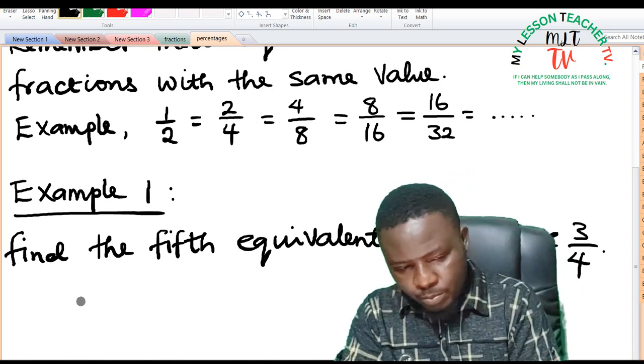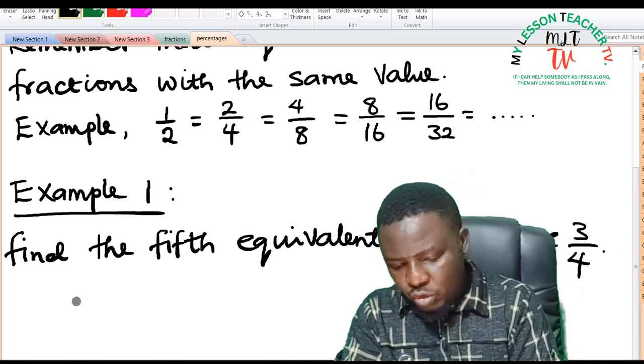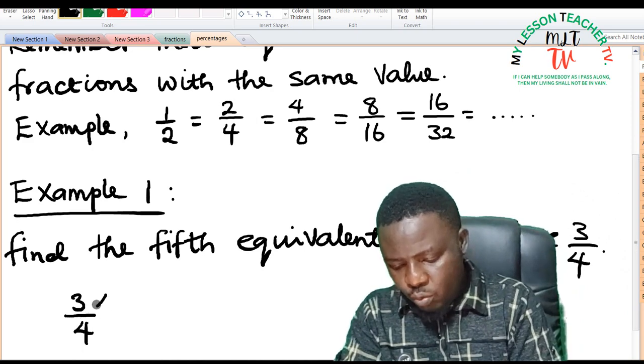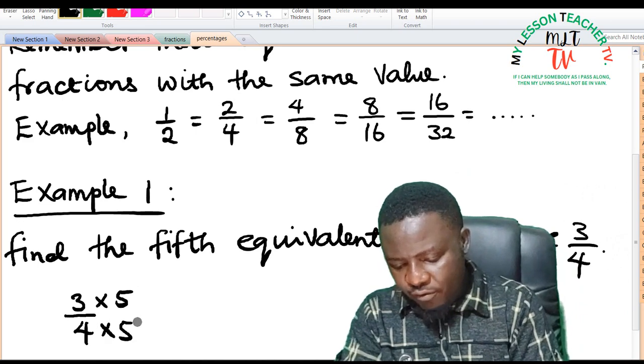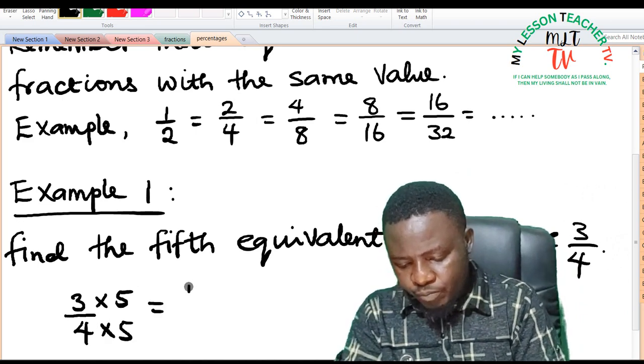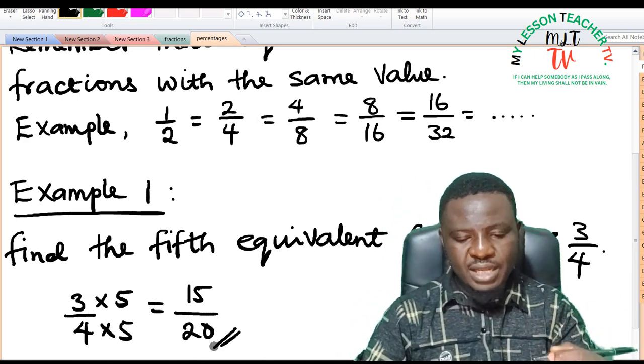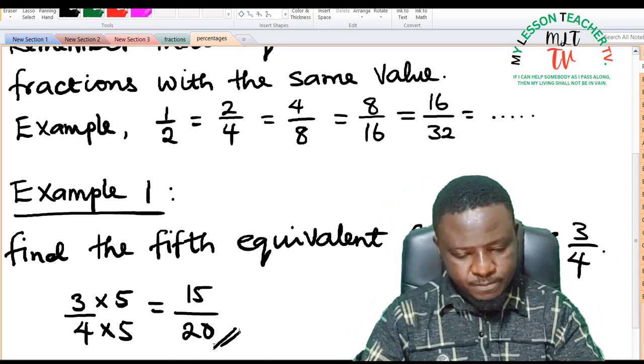So when you multiply 3 by 5 as well as multiply 4 by 5, it gives you 15 over 20. This is the fifth equivalent fraction.